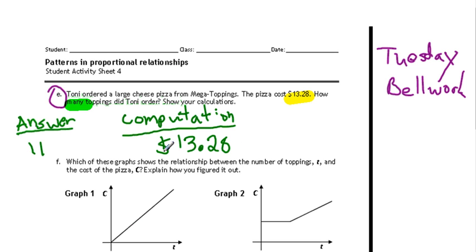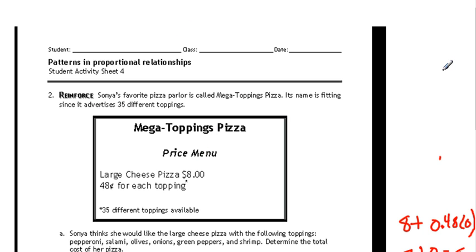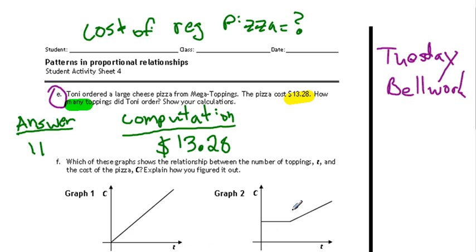And what do we have to subtract it from? How much is each pizza? Each pizza is what? We know if we look back, it's going to be $8. So it'll be $13.28 minus 8.